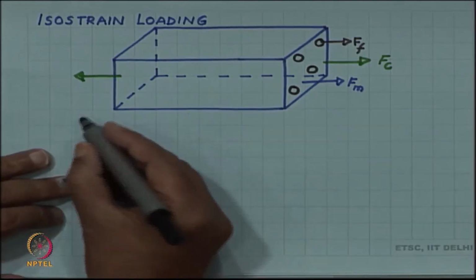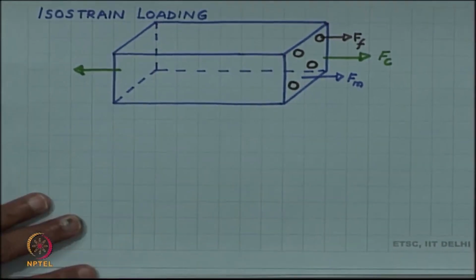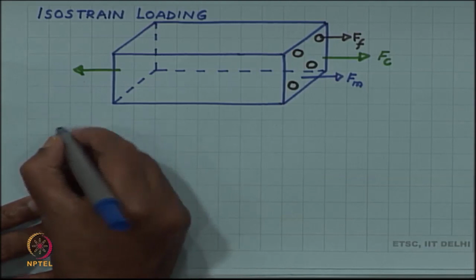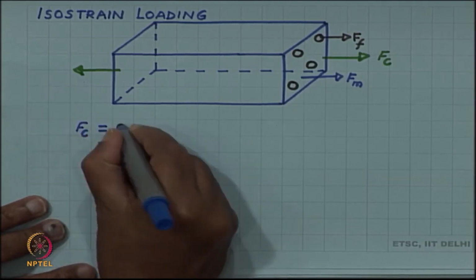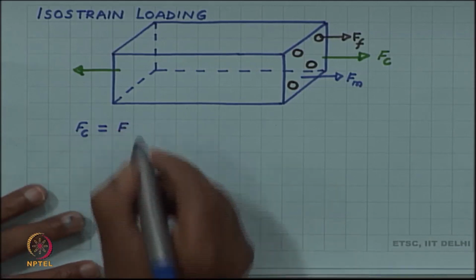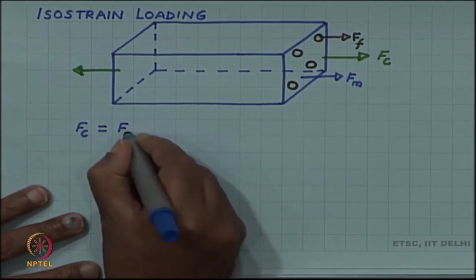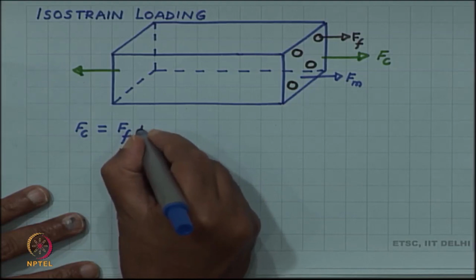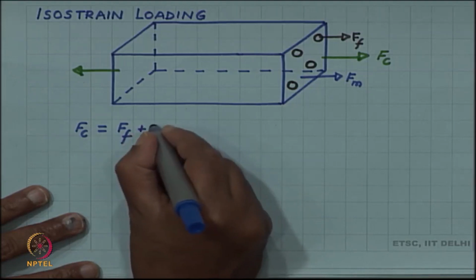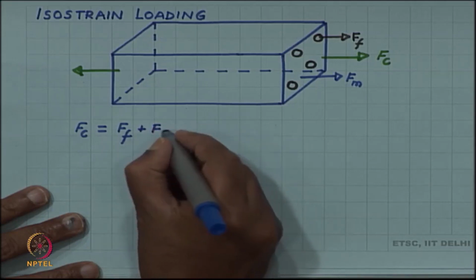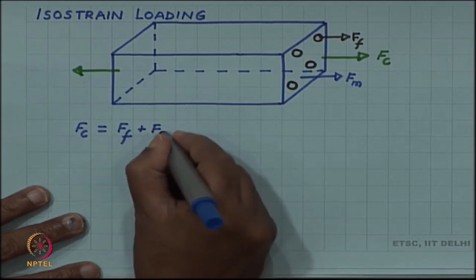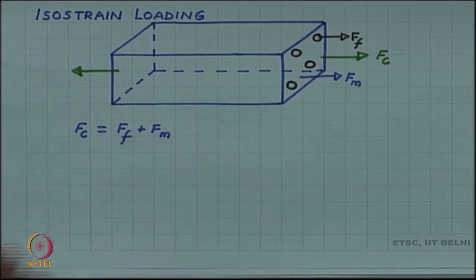So, obviously, this Fc will be the sum of these two forces. The total force on the composite is the sum of the force on fiber plus the force on matrix.